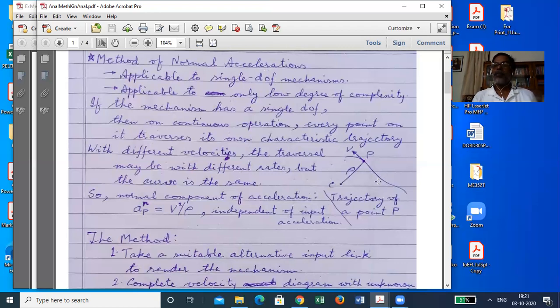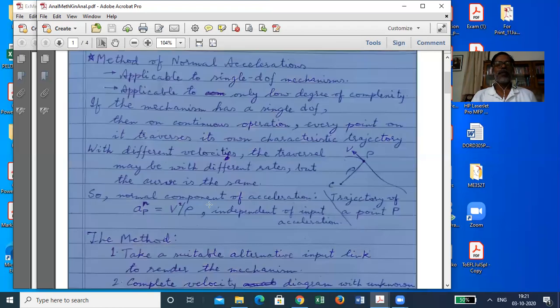For a 2 degree of freedom mechanism, a point is capable of moving on a continuous area, and in that area it can traverse any curve, and that will depend on the ratio of the velocities and accelerations. Okay, so that constrained motion on a single curve will not be there anymore. That is why it is applicable only for single degree of freedom mechanisms. Fine. So how does the method work?